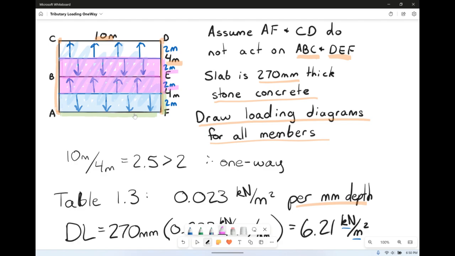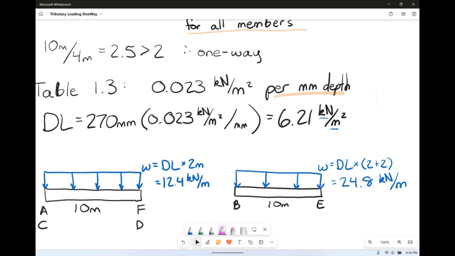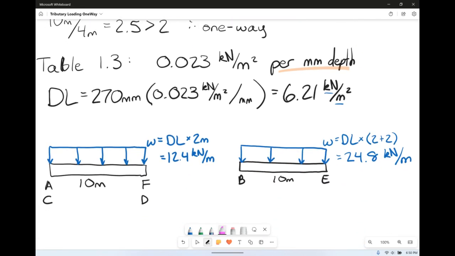Now, we still need to draw it for, remember, ABC and DEF. But when we're doing that, we need to take into consideration that AF and CD do not act on ABC and DEF. That does mean that BE does act on it. So the beam BE is laying straight down on top of ABC and DEF.